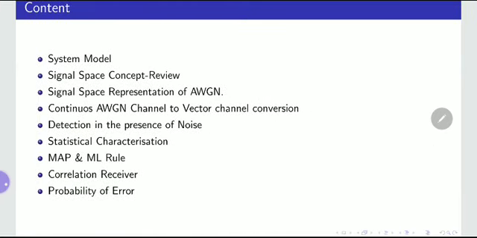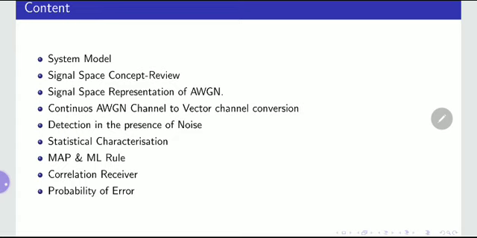So we'll start with the communication system model. Then we will do a quick review of the signal space concepts that we have already done earlier. Then we will look into the signal space representation of AWGN noise.